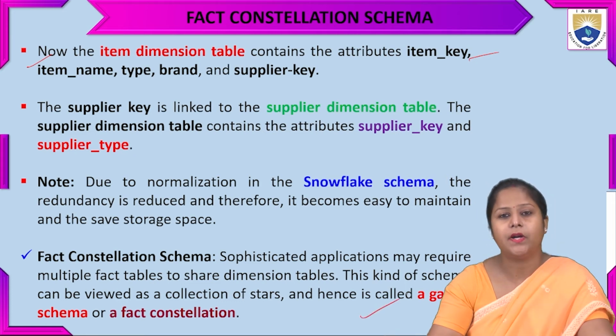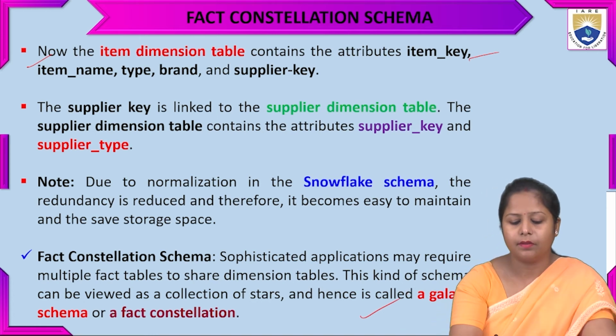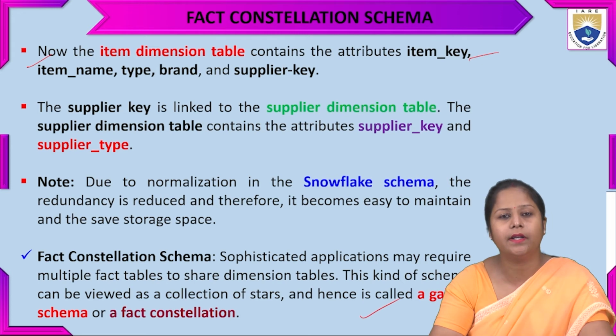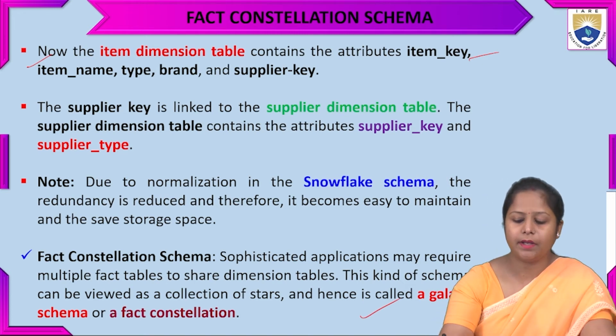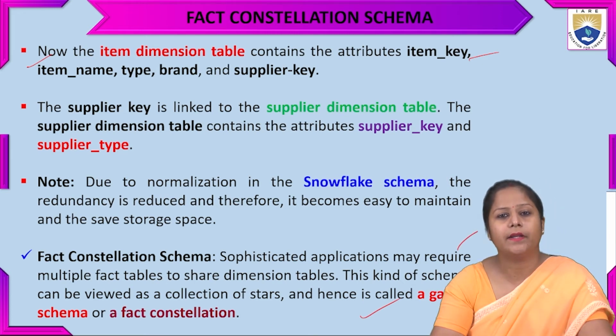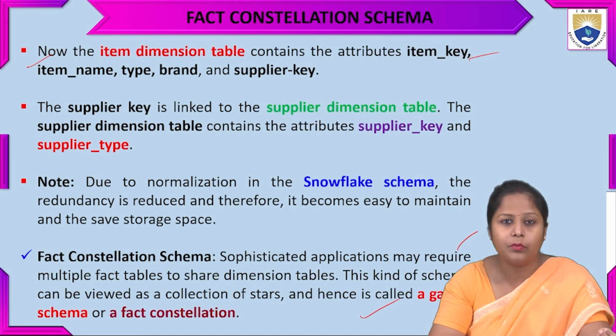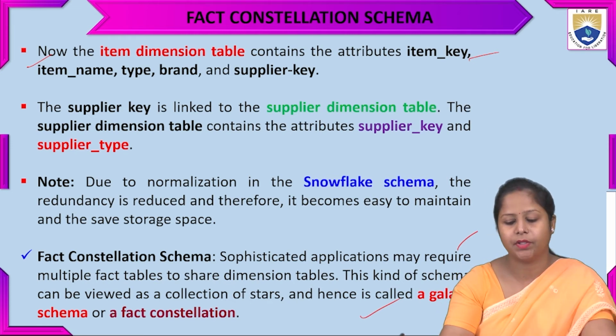Next, the fact constellation schema. Sometimes sophisticated applications may require multiple fact tables while sharing the dimension tables. So there will be more than one fact table and the respective dimension tables for them.